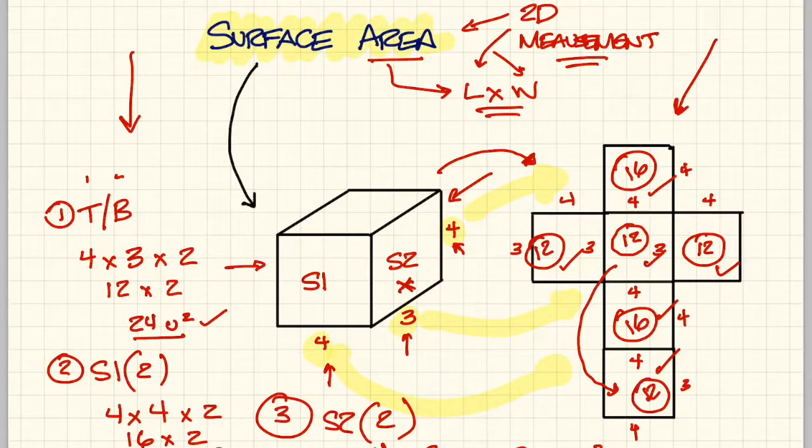And so that's where I'm just going to push on you. Show your understanding, show your understanding, show your understanding. The net shows your understanding. If you choose this method, you better be able to label it so that you are communicating that you understand the geometric part of what you're doing.